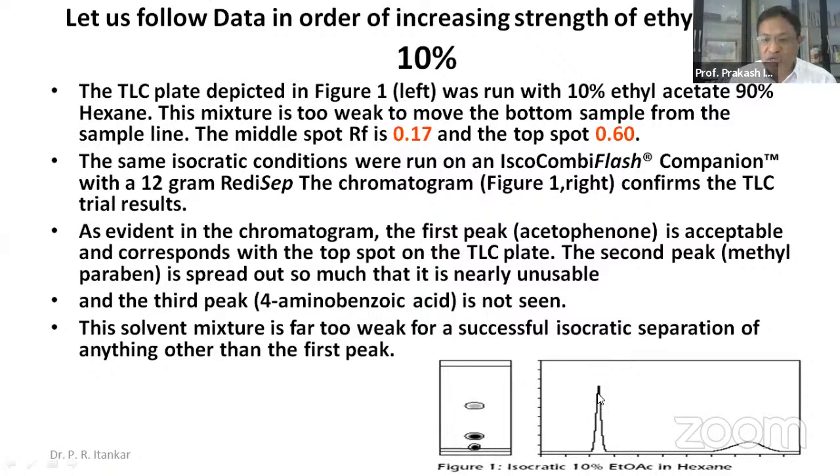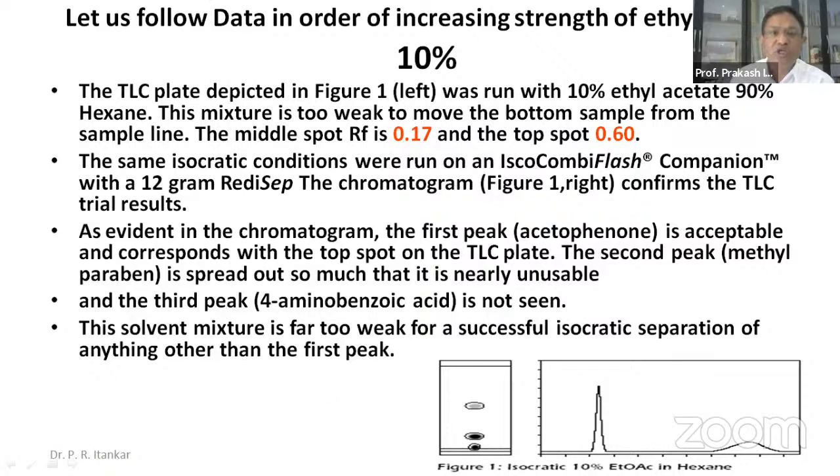That is quite clear and visible, and it has shown clear separation even at 10% ethyl acetate. But the second compound, methylparaben, which showed only 0.17 RF value on the TLC plate, has very low resolution and only a very weak peak is available for isocratic separation to happen. So this is one condition.